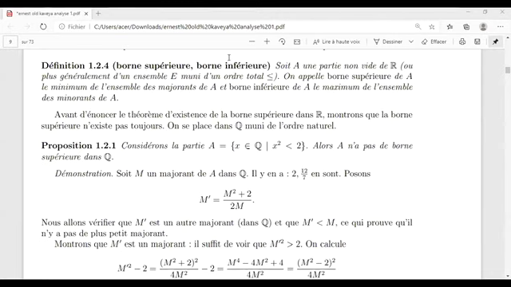I think you're all tired and I've talked so much, so we're going to pause here on bone inférieure and bone supérieure. We'll find them together, but before that we'll find the majorants and minorants. You can try to work it out from what we just described, putting minorant and majorant into practice.